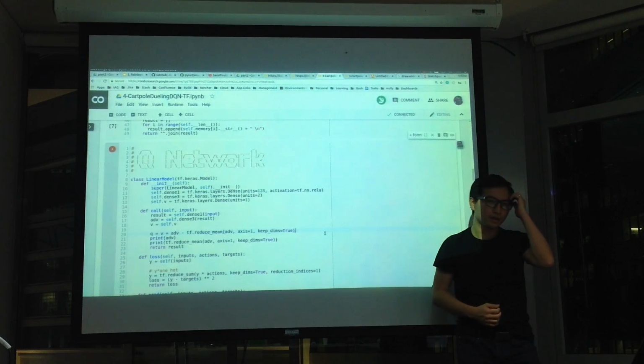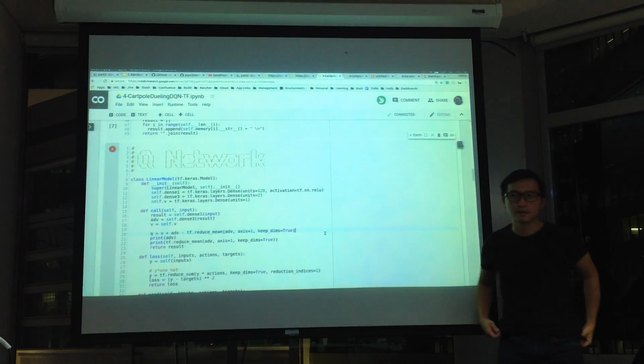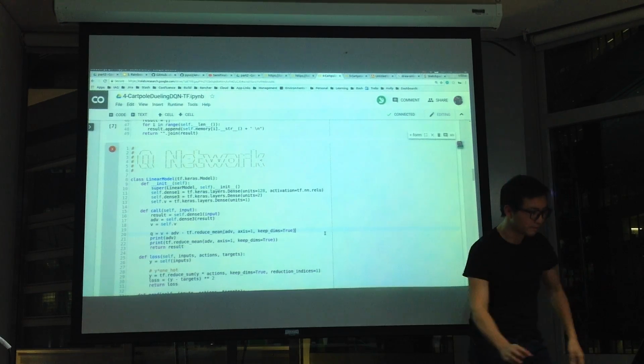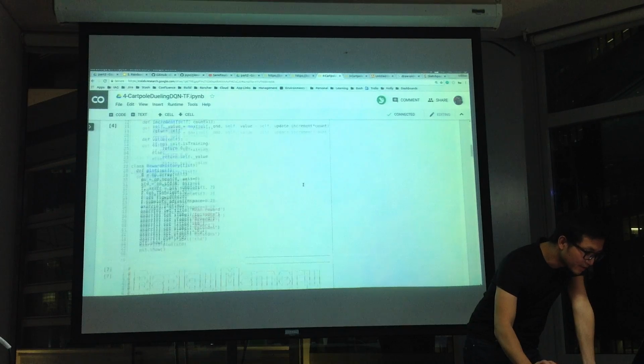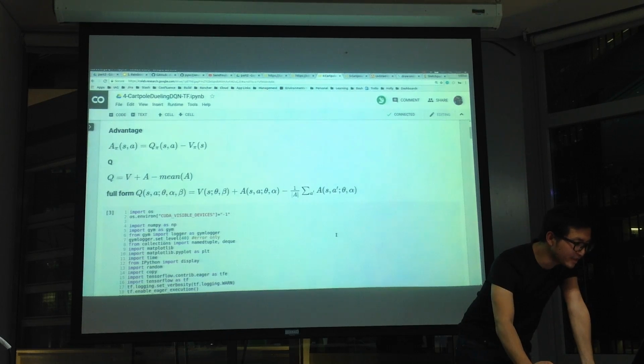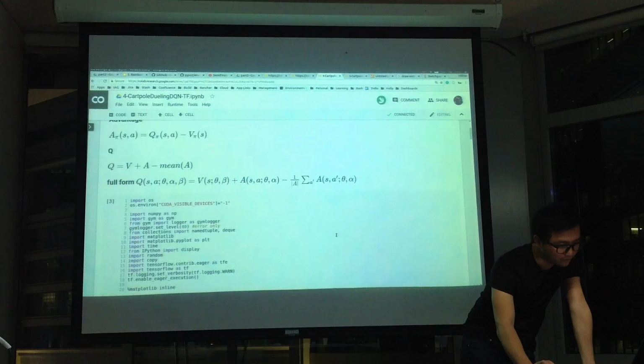Because I think of it as V minus Q. Sorry, the other way around. If you know what V is, that is. Q, it's the advantage of that Q action on top of the value.